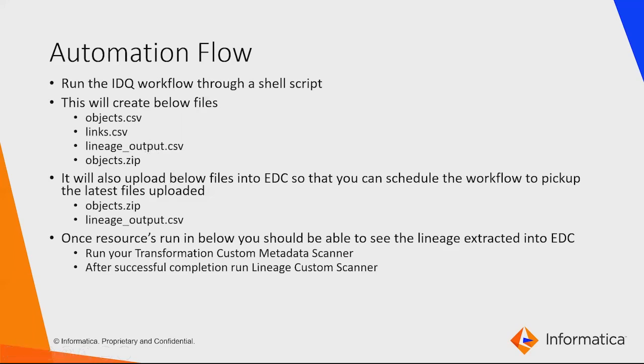This is how the automation framework works. So basically, the command task has an extra shell script which is going to invoke EDC REST APIs to upload these two files, the lineage output.csv file and the object.zip file.